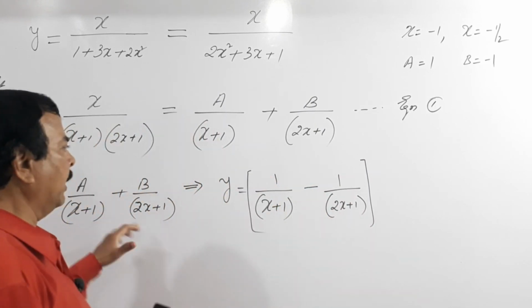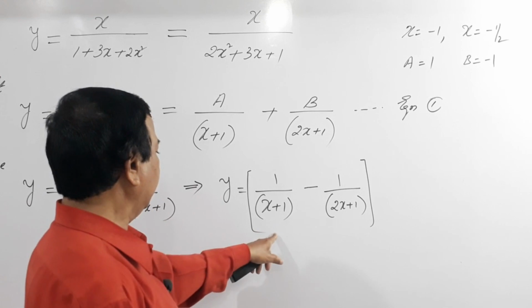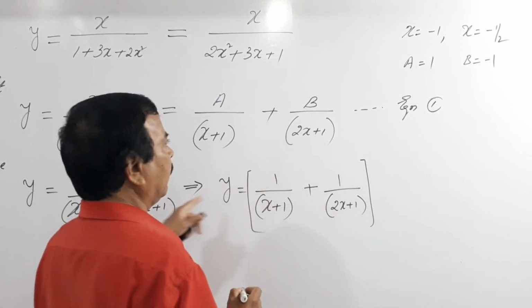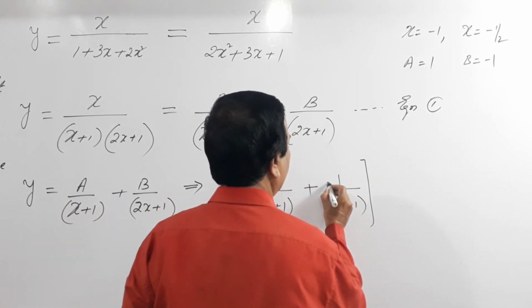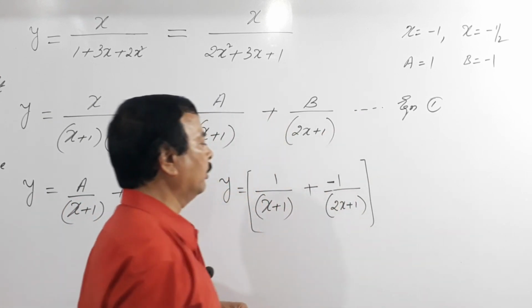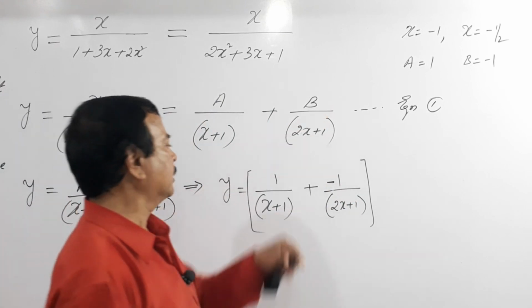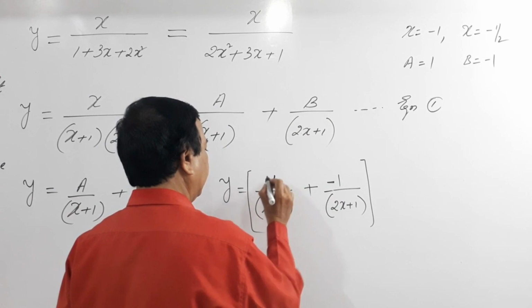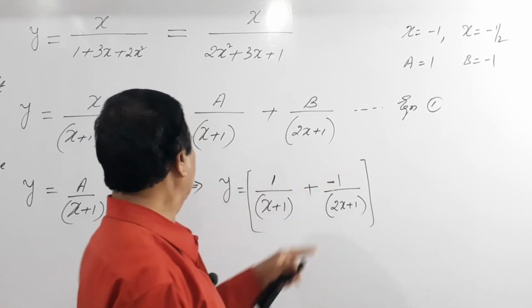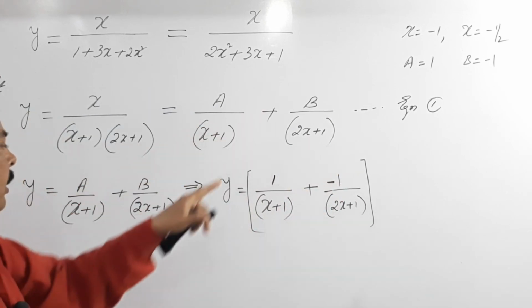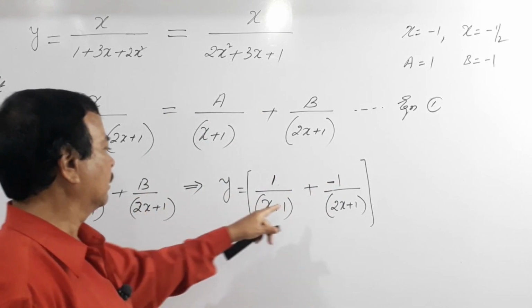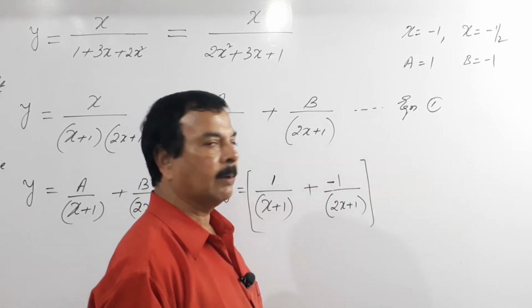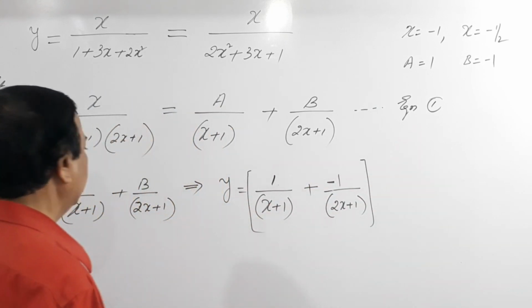I'll follow the same format. What do I do, a by this value, I write this plus itself here, and what is b? Minus 1. I don't want you to get confused. So value of a is 1 by x plus 1 plus b is minus 1 into 2x plus 1. Done. So this is our y.